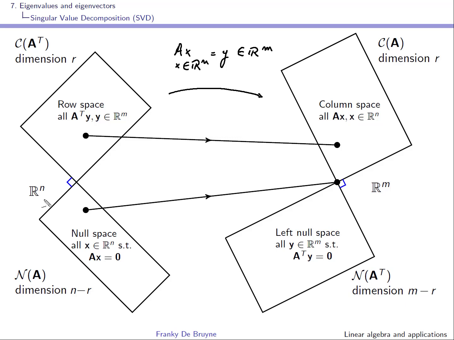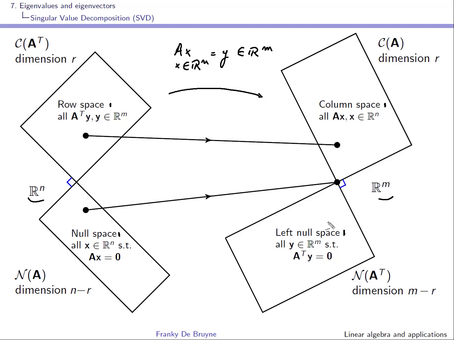We have indeed Rn and we have Rm. Remember that the subspaces of Rn are the row space and the null space. All vectors in the row space are perpendicular to all vectors in the null space, and the subspaces associated to Rm are the column space and the left null space, and all vectors in the column space are also perpendicular to all vectors in the left null space.